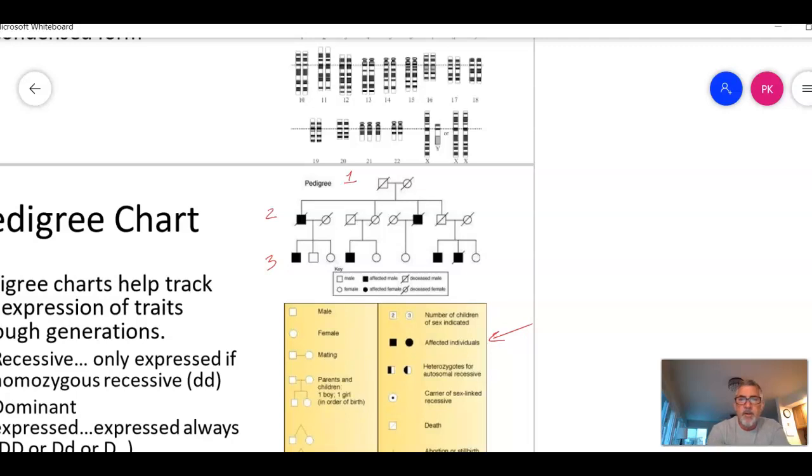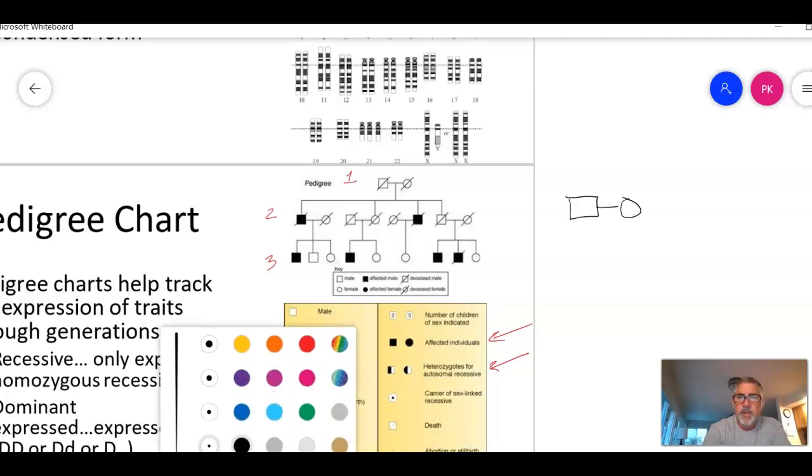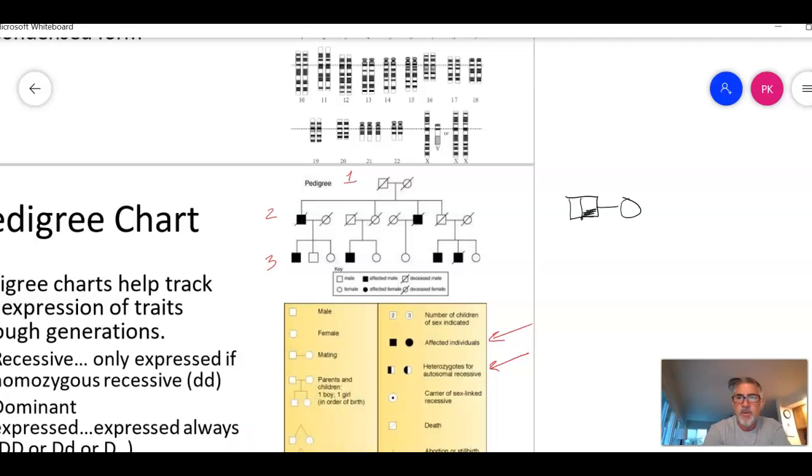If you saw one that was half shaded, it means that they were heterozygous for an autosomal recessive disease. So if I had a square and a circle, I guess we can't say married these days. We used to say marriage line, but now it's just a breeding line.